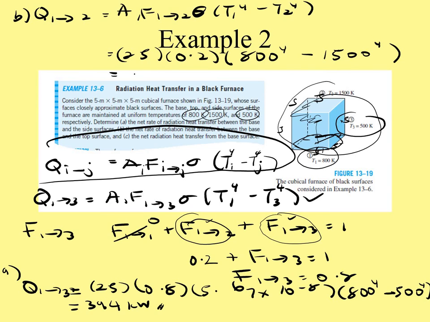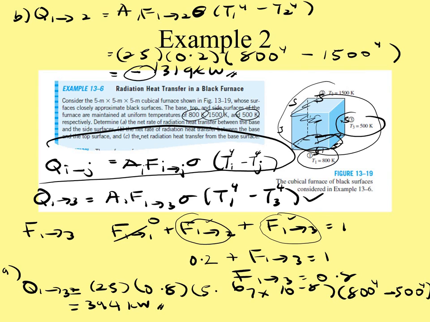So you will get the value of negative 1319 kilowatts. The negative sign here indicates that the net radiation heat transfer is from surface 2 to surface 1. Here we do 1 to 2, but basically it is from 2 to 1, so that's why we get negative here.